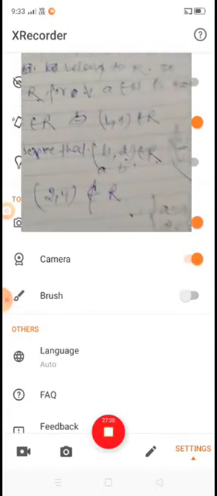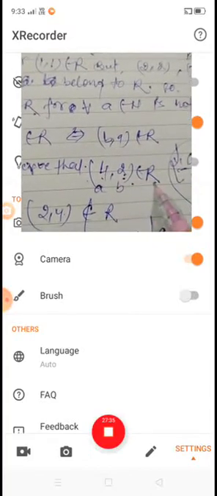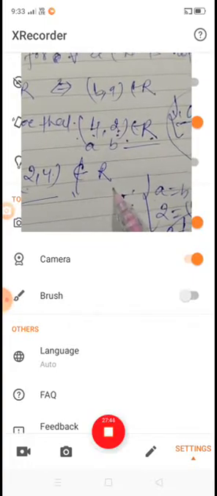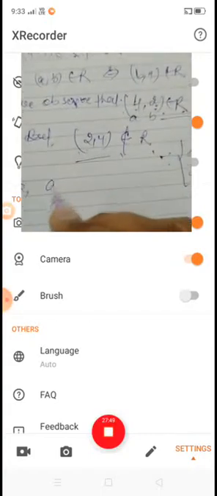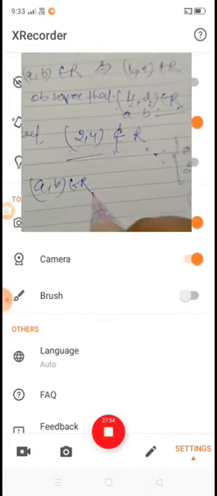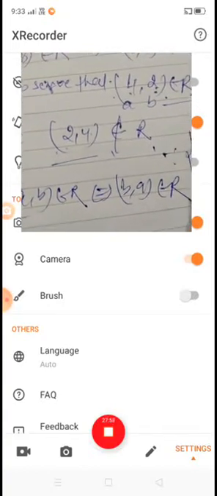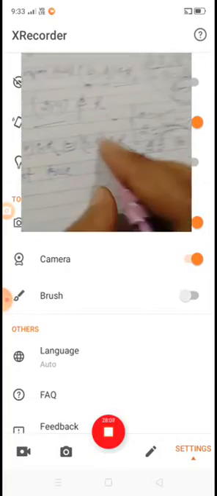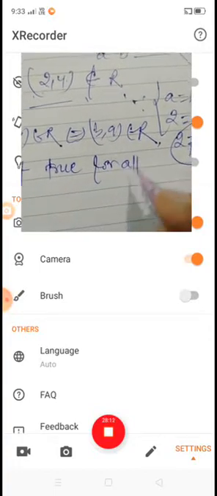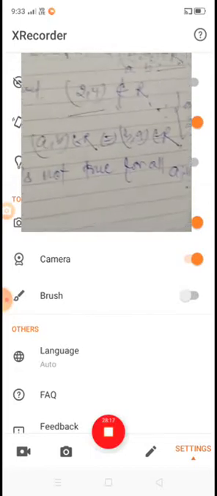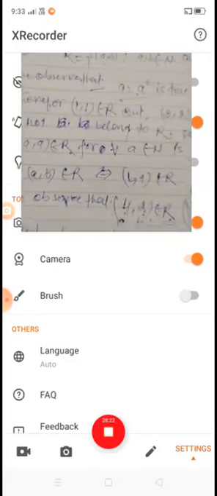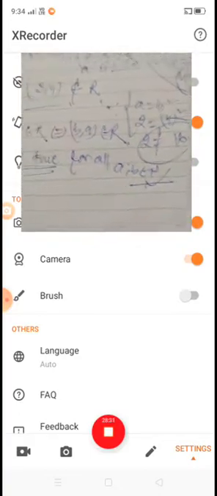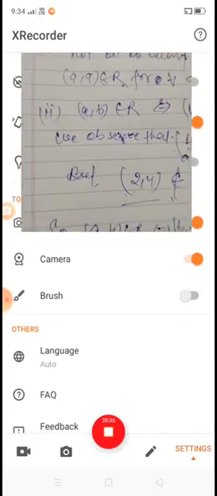So suppose we observe that (4, 2) belongs to R, but (2, 4) does not belong to R. So we can say that (A, B) belongs to R implies (B, A) belongs to R is not true for all A, B belonging to natural numbers, okay.